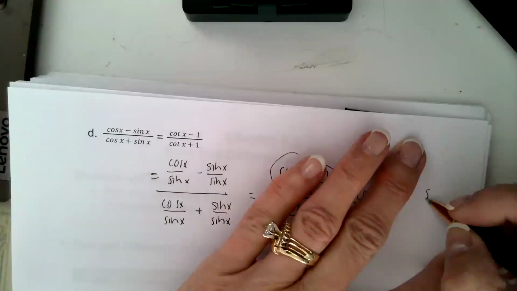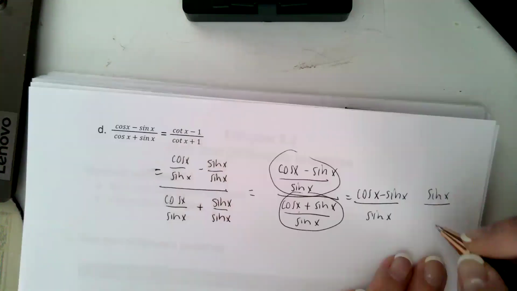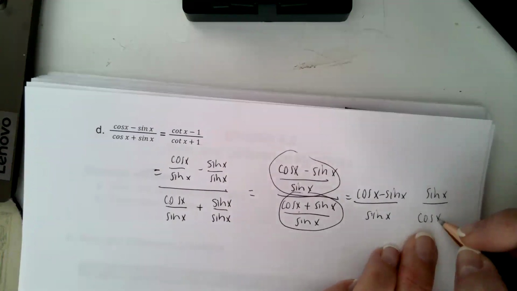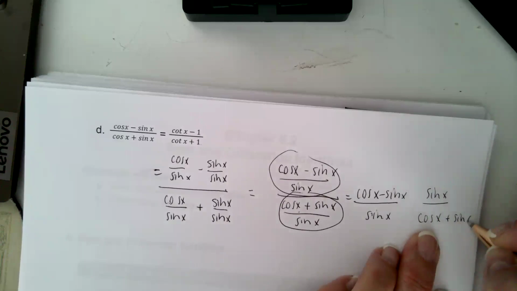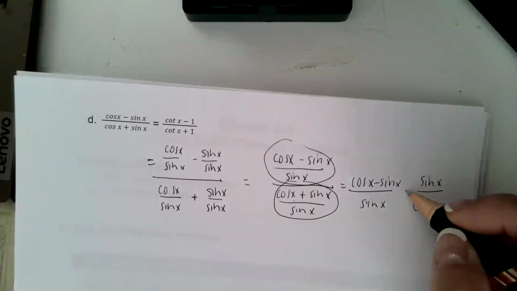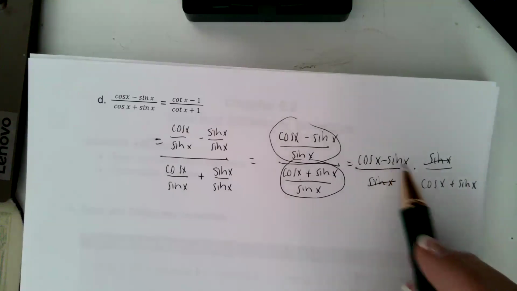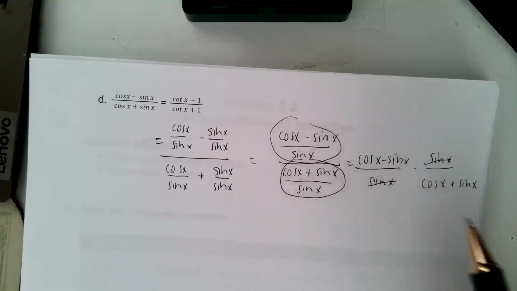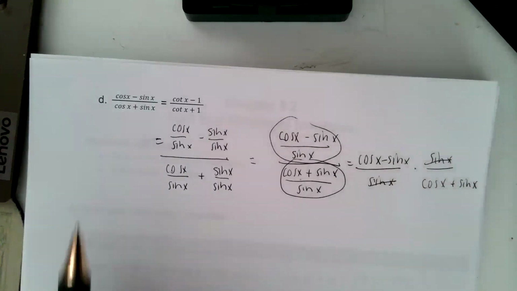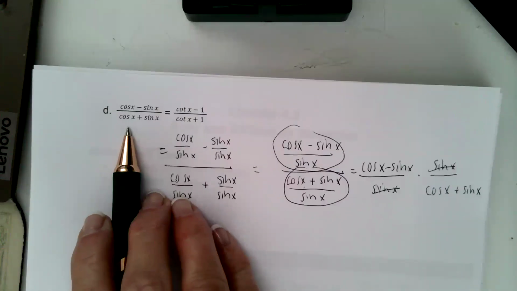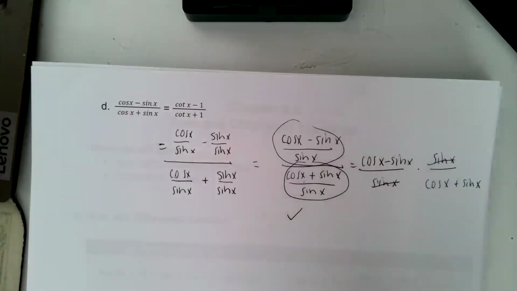So the sine x will be on top. Still being multiplied. So sine x is canceled. So now I have cosine x minus sine x over cosine x plus sine x. Oh, which is exactly what I wanted. So we just proved it.